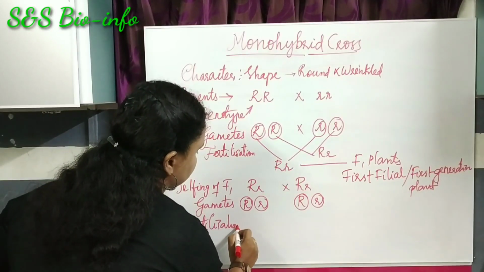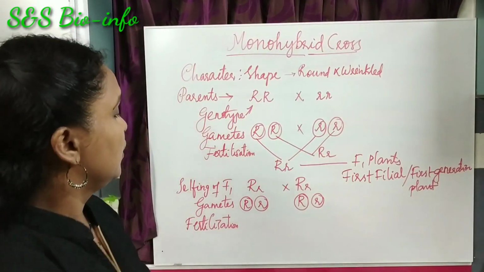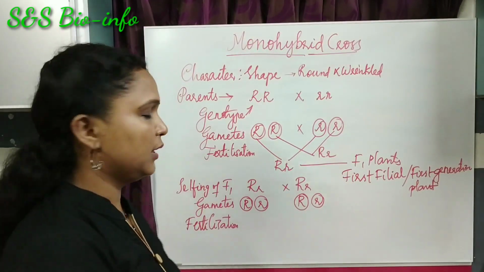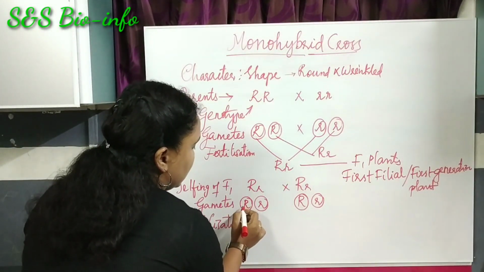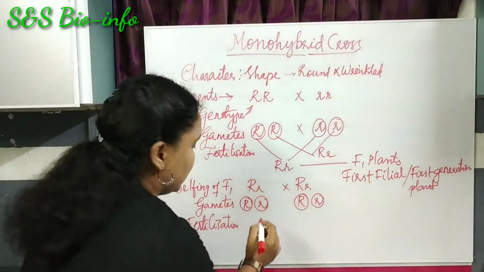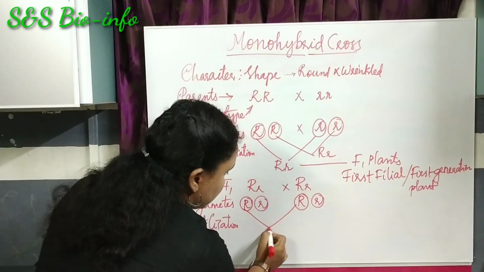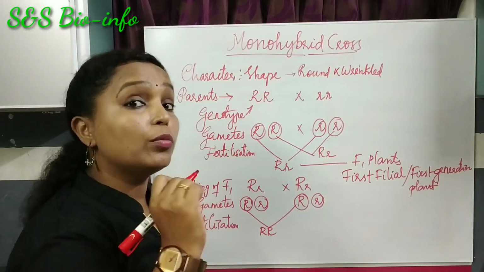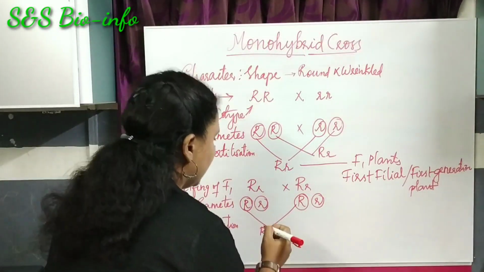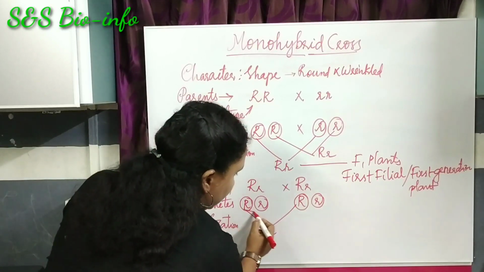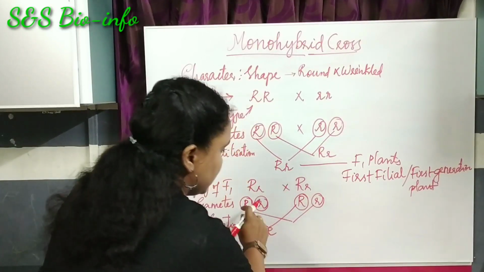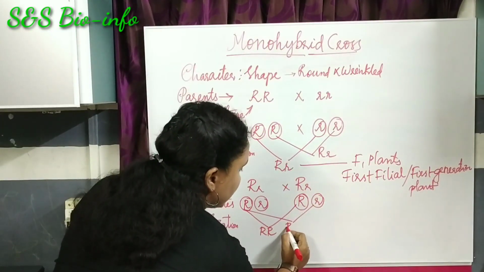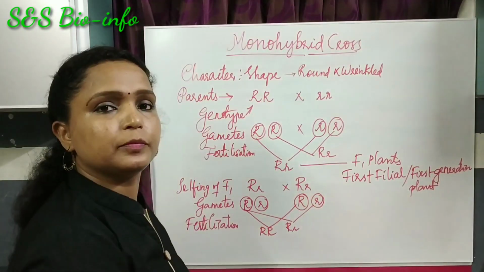Fertilization. At the time of fertilization, what would happen? Fusion of male gamete with a female gamete. When the gamete that carries the dominant allele combines with another gamete carrying a dominant allele, the result will be capital RR, that is homozygous dominant. When a dominant allele is combined with a recessive allele, the result will be heterozygous Rr.